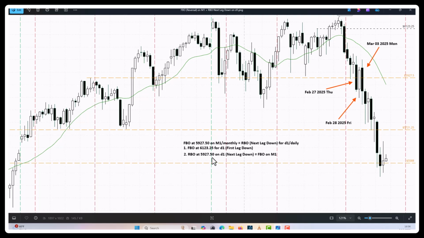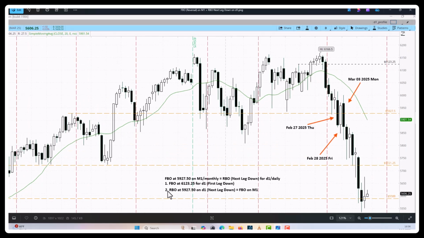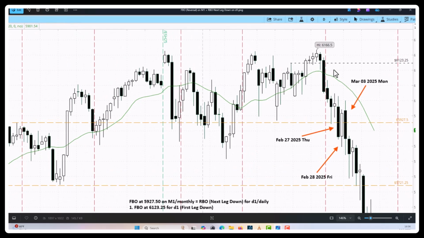In order for the daily time frame to become a next leg down, you have to put the first leg down, and the first leg down is a fall breakout. Remember, the fall breakout always happens at the reversal right here on the daily time frame.